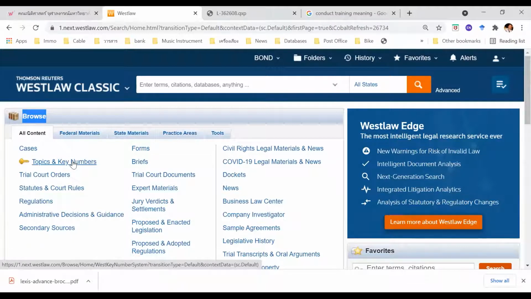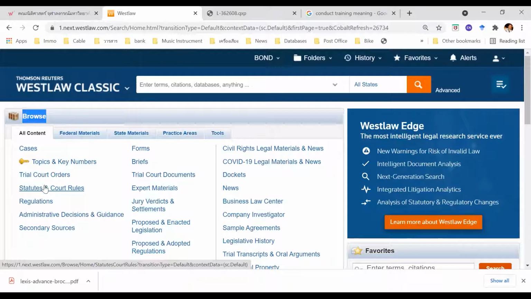And another one I told you, the primary sources of law, statutes and court rules. So when you do a topic about copyrights, say I transform audio music to MP3 and distribute it on the internet.